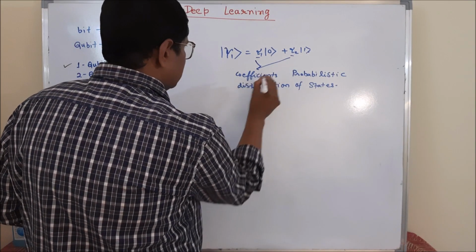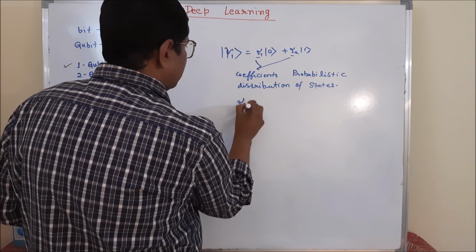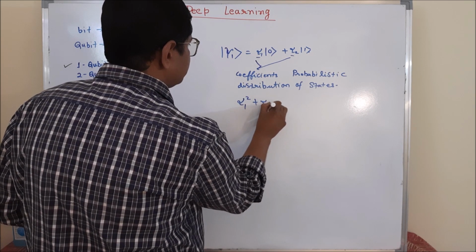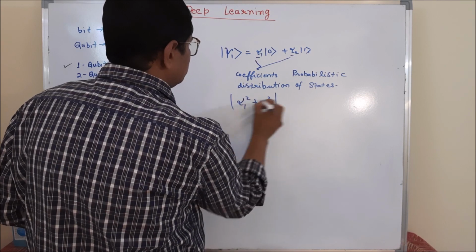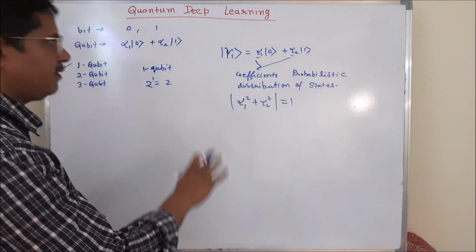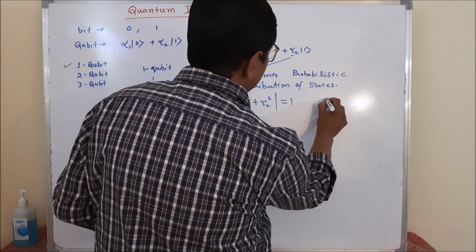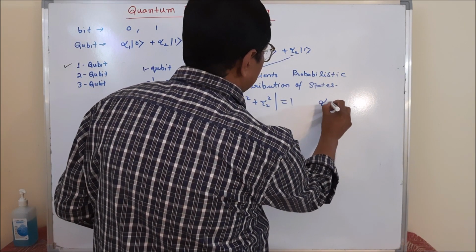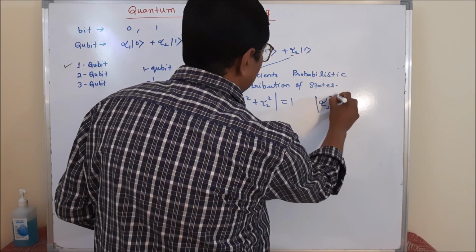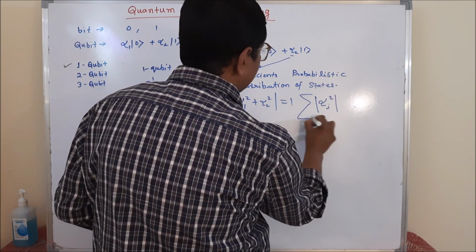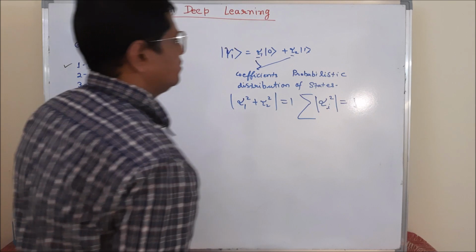Due to this, we have the condition that the sum of their squares should be equal to 1. Even if we have multiple such states, the sum of squares of all such coefficients should be equal to 1.